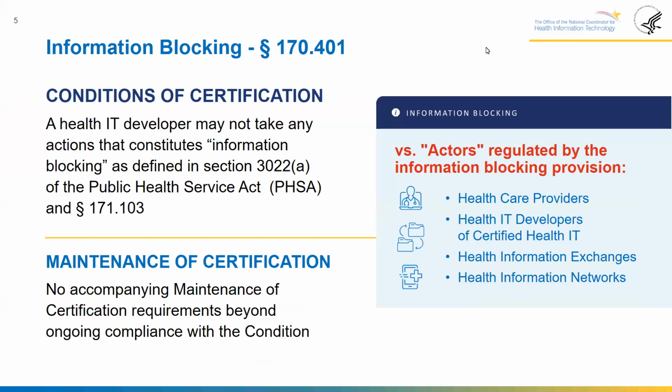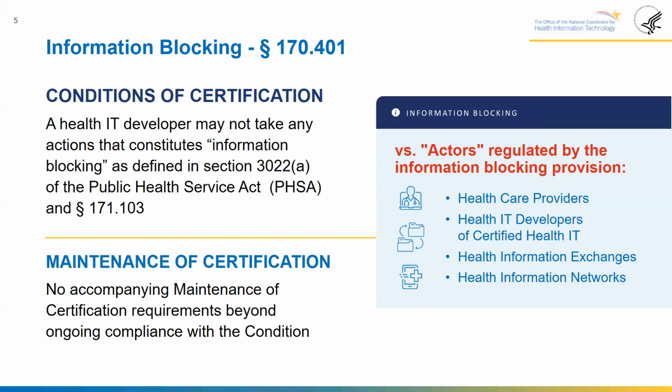The first condition of certification is information blocking. Again, this is where I will draw that distinction where the conditions are applicable to health IT developers. There are other provisions within the Cures final regulation that relate to information blocking and what cannot be done, and those are applicable to other actors that we define, for example, healthcare providers, health IT developers, and health information exchanges and networks.